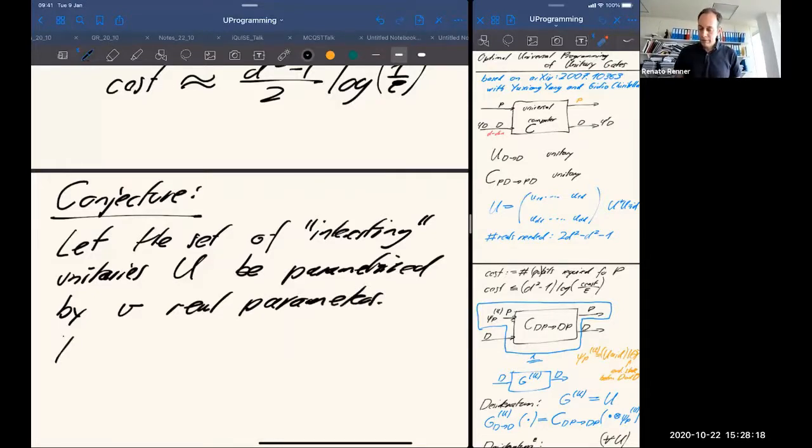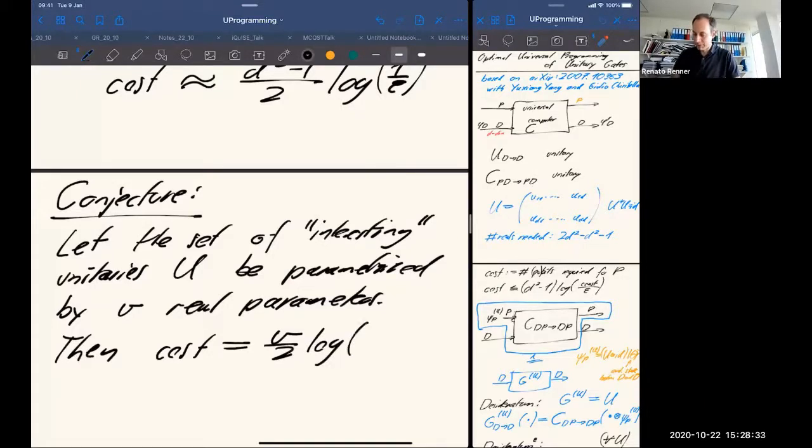Now this is only a conjecture, but of course it agrees with our result in the special case where the set of all unitaries is considered. We also have some other evidence, but it's not a proof, that the same result would essentially hold.